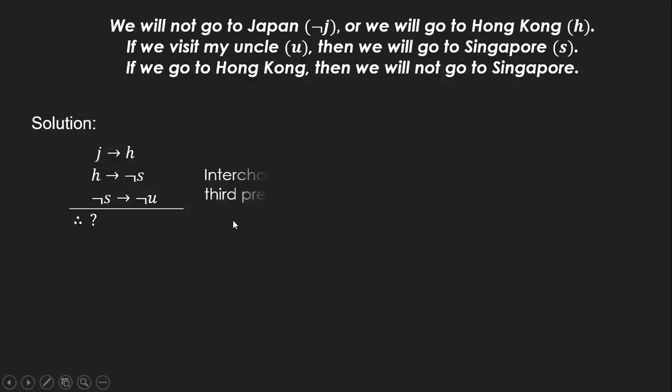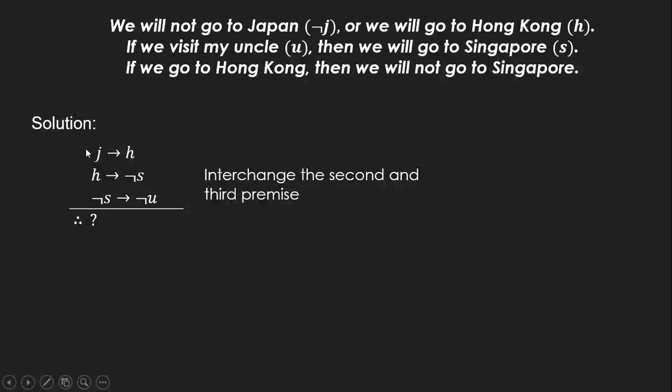For example, we can interchange the second and the third premise in order for us to better identify kung ano yung pattern na pwede natin makuha in order to arrive at a valid conclusion. Now, here, we have our first premise, J implies H. Our second premise, H implies not S. And our third premise, not S implies not U.